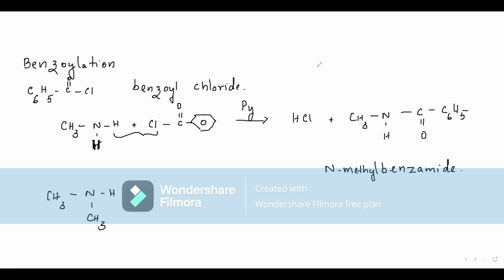The function of pyridine is to combine with HCl. Pyridine is a base, it combines with HCl. If HCl remains, the reaction will shift in the backward direction. That is all about acylation and benzoylation.